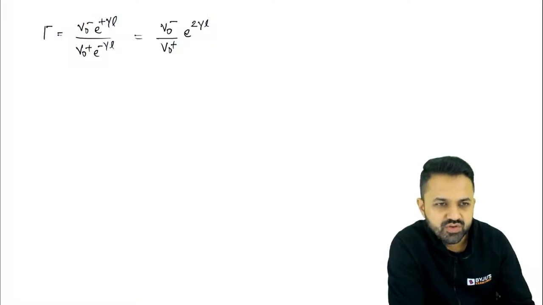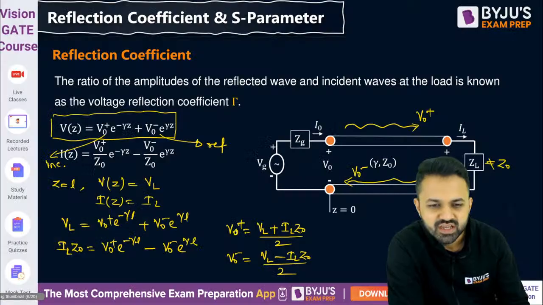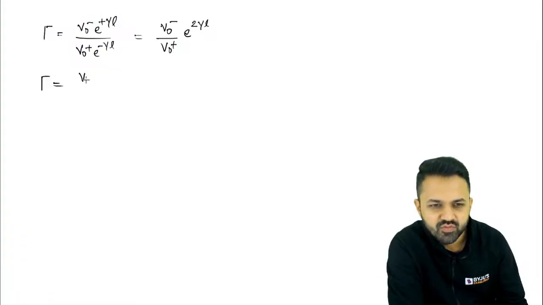So now you will put the values of V naught minus. What is the value of V naught minus? The V naught minus is (VL minus IL into Z naught) divided by 2.